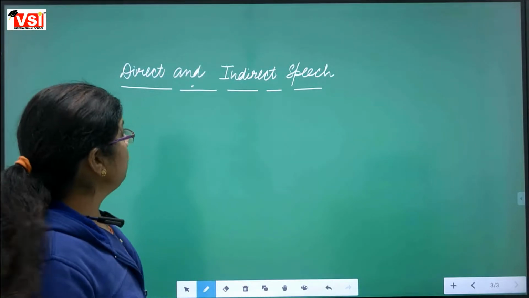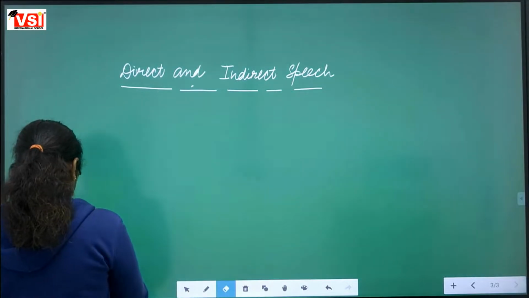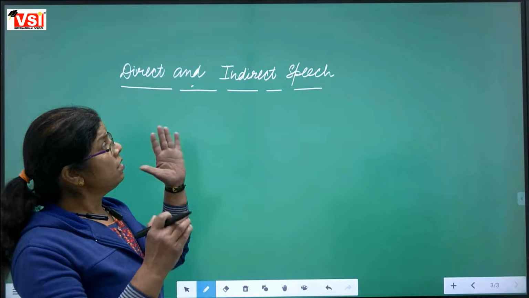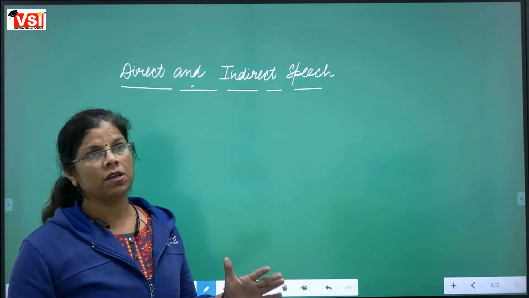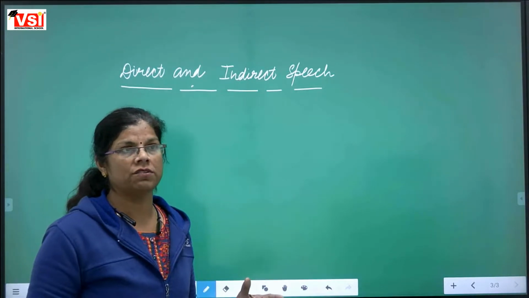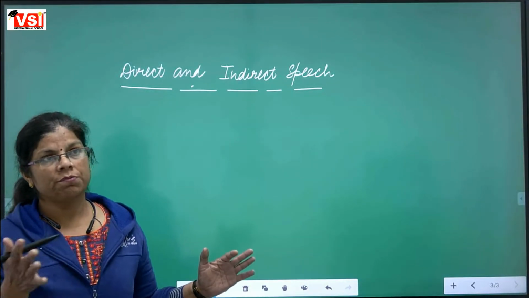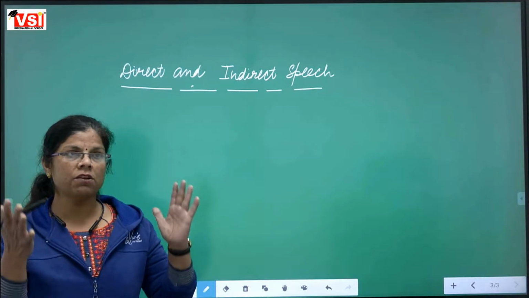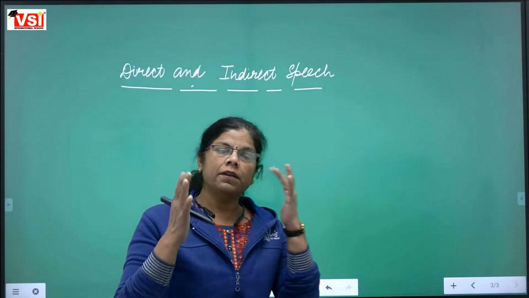So coming back to the point, what is the basic information that was already given to the students, what is direct speech and what is indirect speech. That was the basic information which I explained in the first class. When the actual words of the speaker are shown within the inverted commas, then it will be called direct speech.